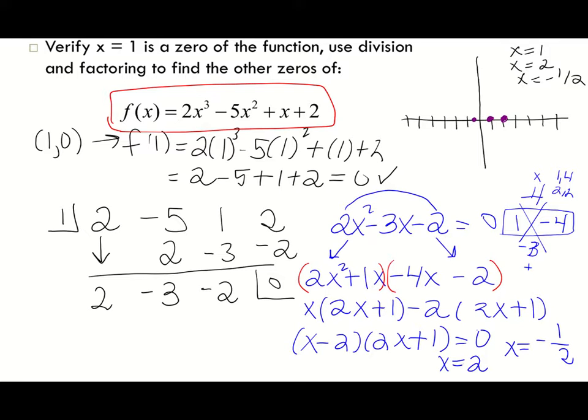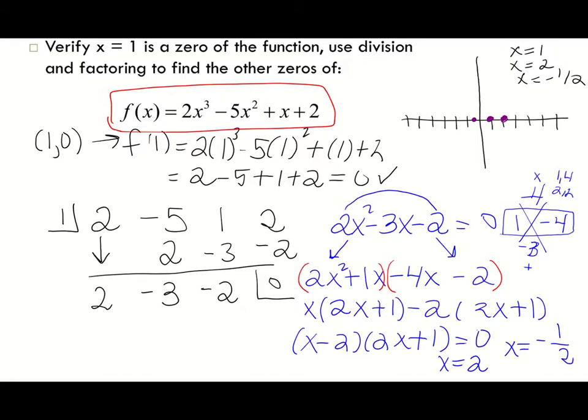But since I'm using all my intercepts, I also need to have my x-intercepts and my y-intercepts. So to go ahead and find my y-intercept, I need to plug in 0 for my x to figure out what y is going to be.